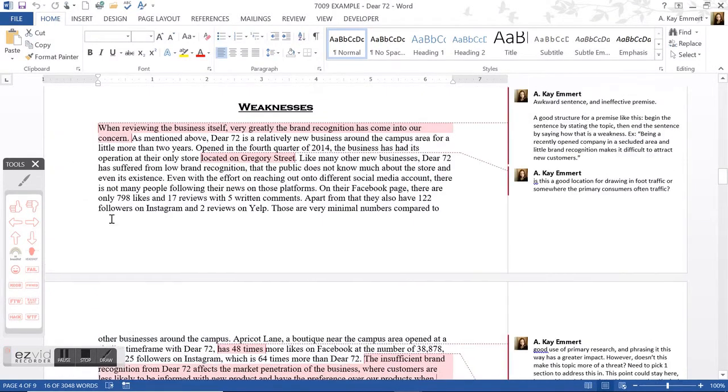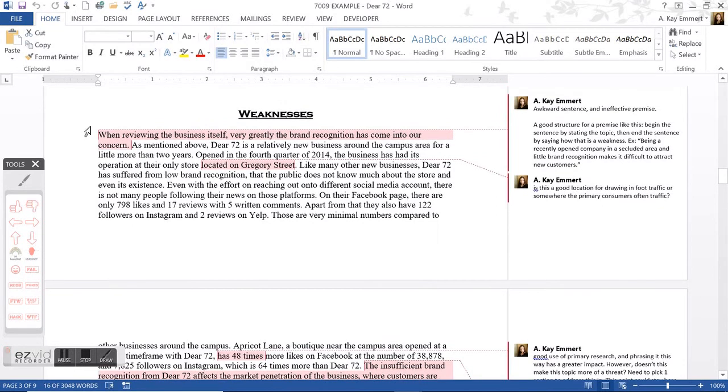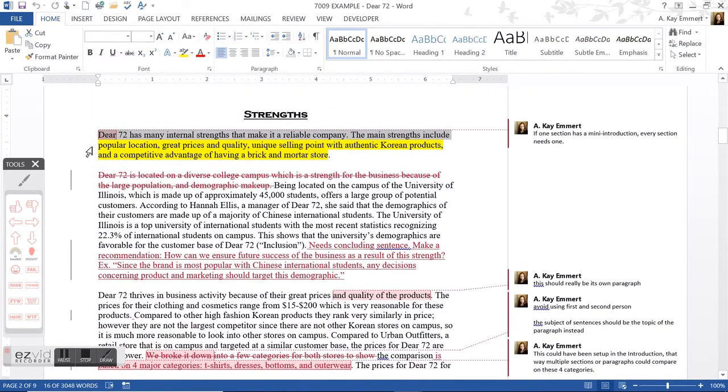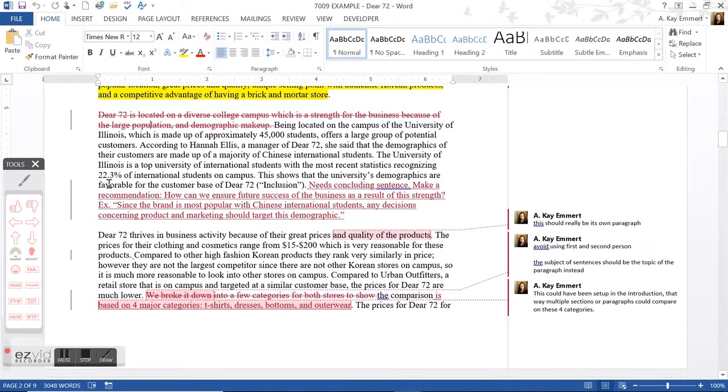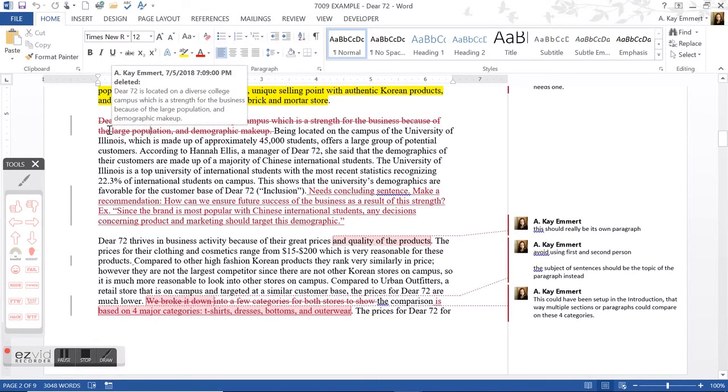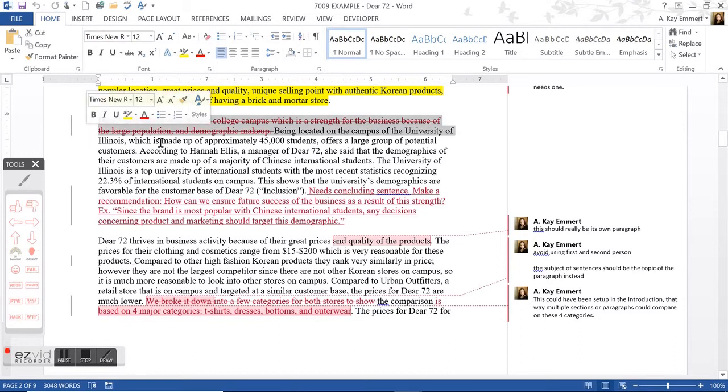Okay. So the next thing I'm going to talk about here is paragraph structure. So this would be the PEC order: premise, evidence, conclusion. As you can see, I've marked out this first sentence. Dear 72 is located on a diverse college campus, which is a strength for the business because of the large population and demographic makeup.